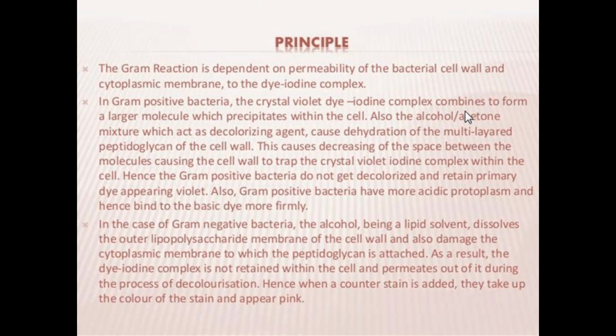The peptidoglycan portion causes the uptake of these dyes. When the alcohol mixture is used as the decolorizing agent, it decreases the space between the molecules in the cell walls, and that causes trapping of the crystal violet. That causes the crystal violet iodine complex to be trapped in the spaces.